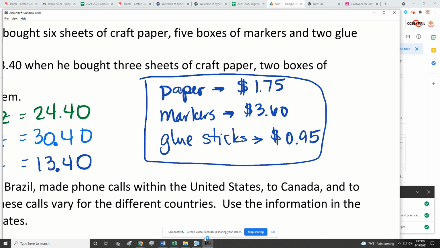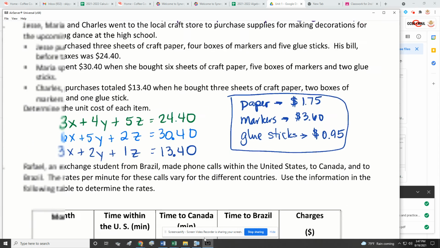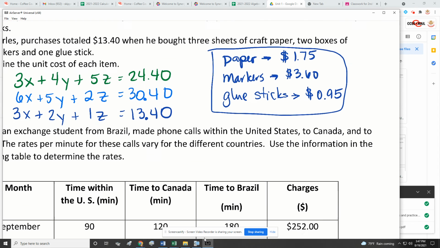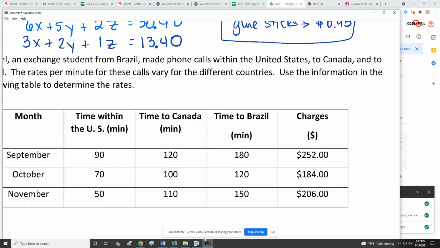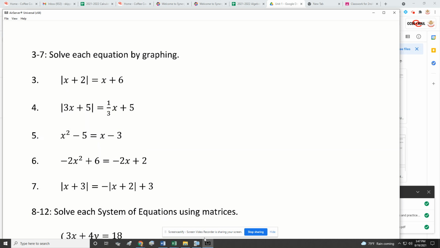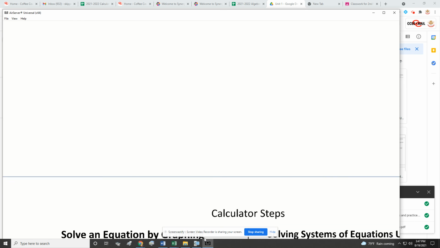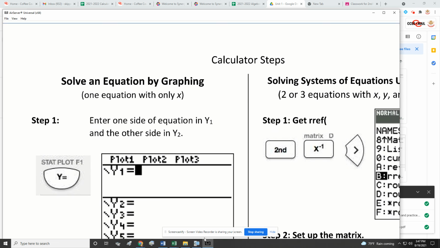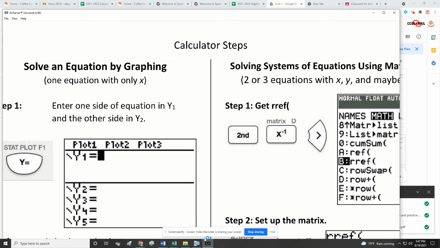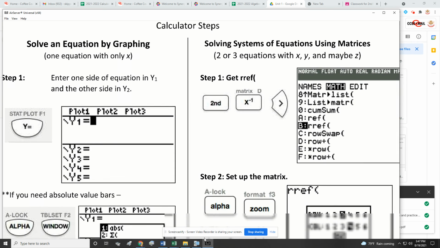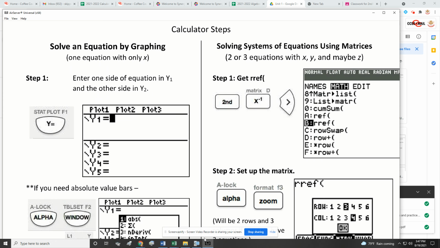Okay, so I'm going to have you do the number 2 all on your own. It's already pretty much set up in a matrix, so I think you're going to be fine with that one. And I want to remind you about how to solve equations by graphing. So you should have this sheet with calculator steps. There's 2 main things we've done with calculators: solve equations by graphing and solve systems of equations using matrices.